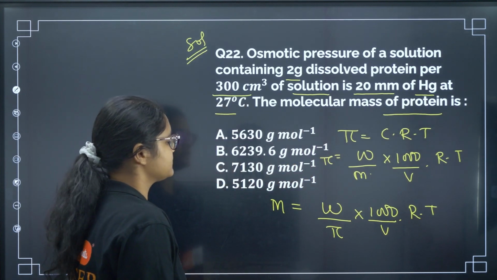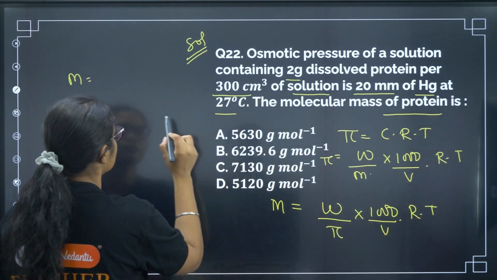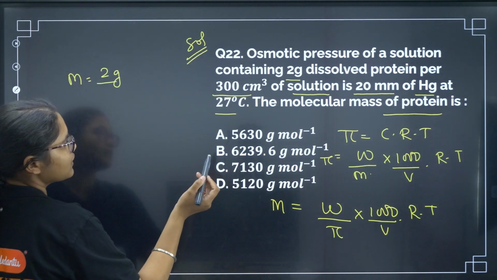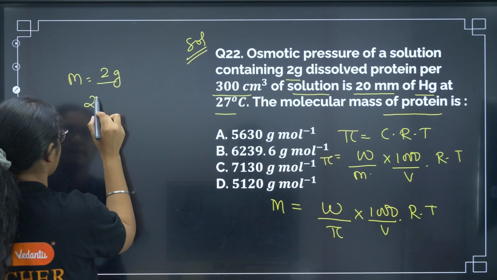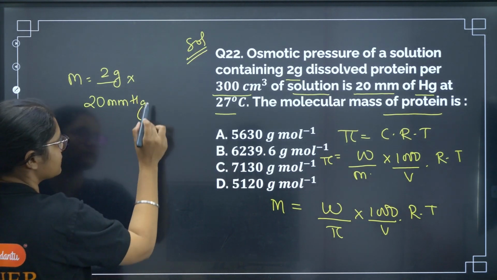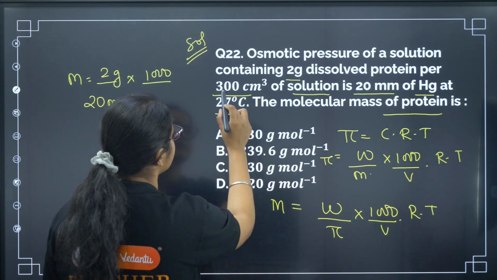Okay, now let us substitute the values here. Mass given is 2 gram. Pi given is 20 mm of Hg. Then we have 1000 and volume is 300 ml.